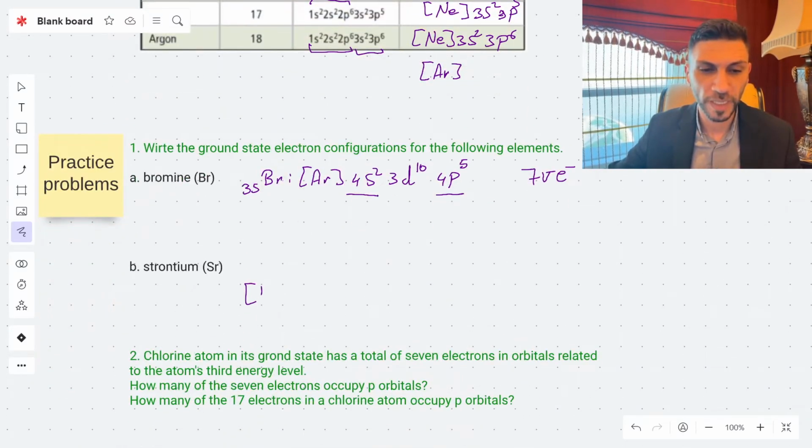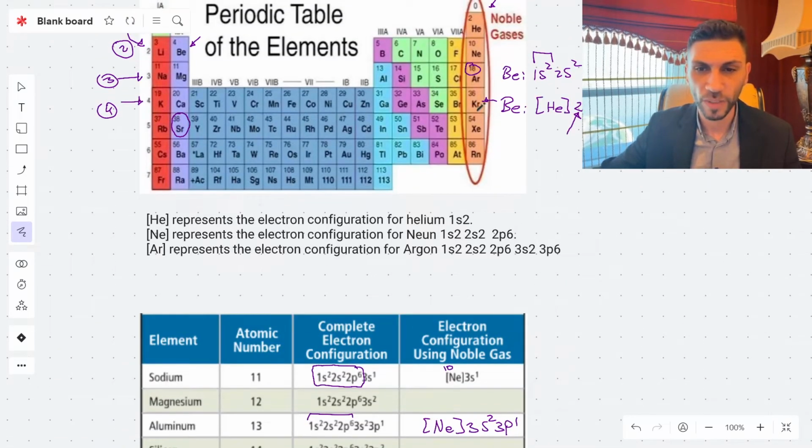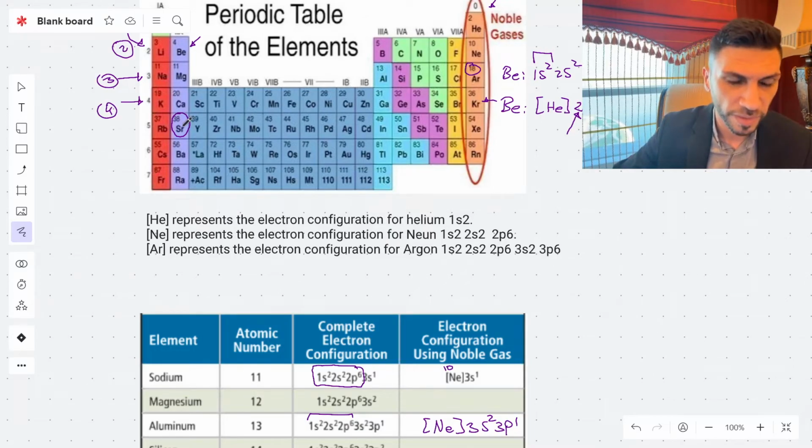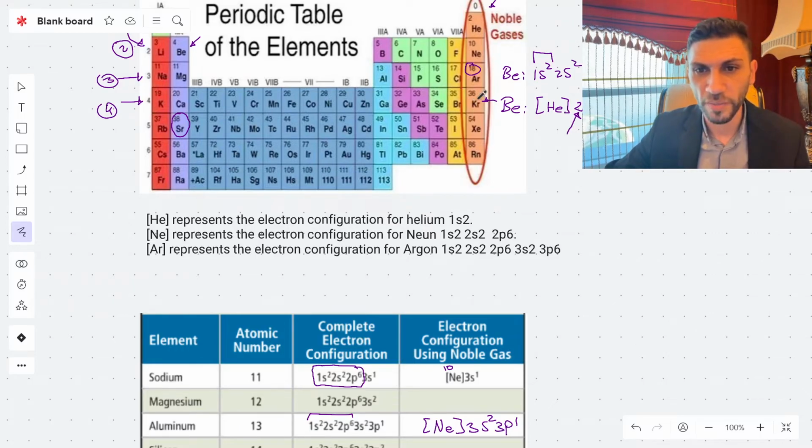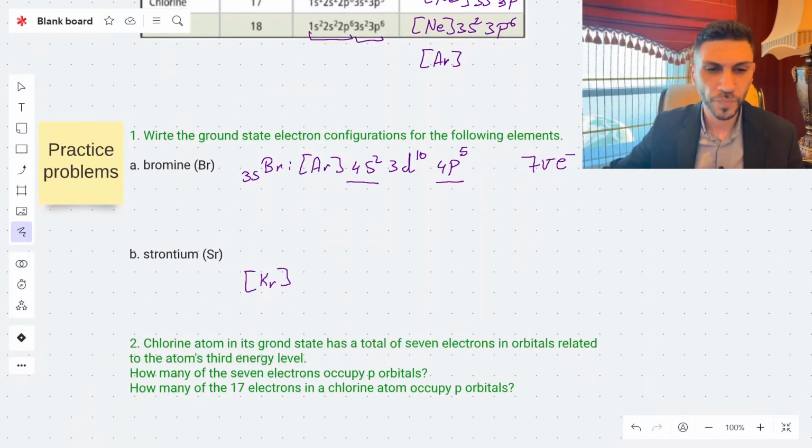So it's going to be Kr, which from the periodic table has 36 electrons. Sr is 38, and this is 36.